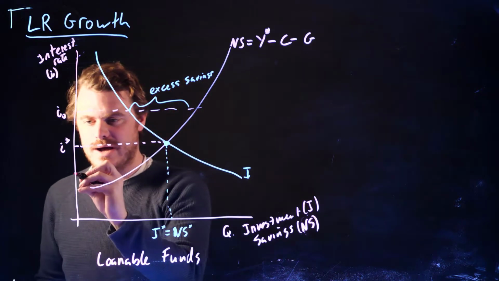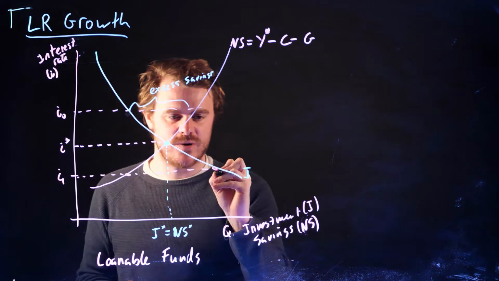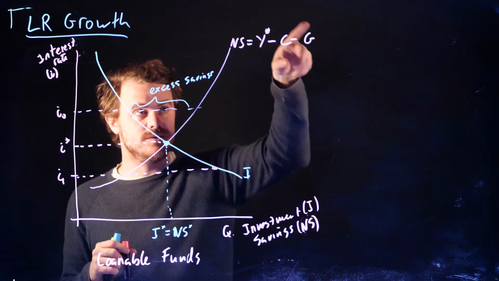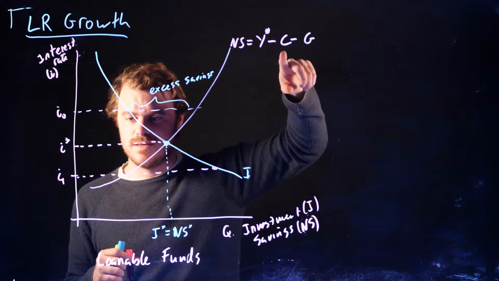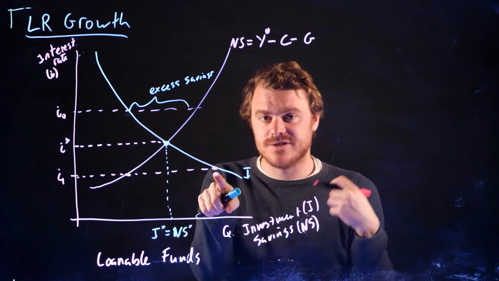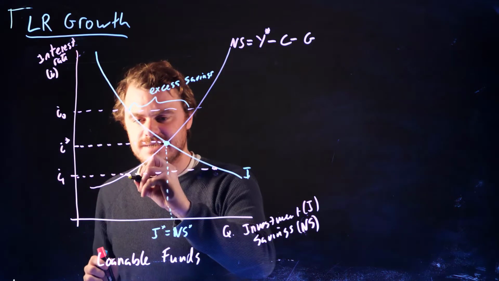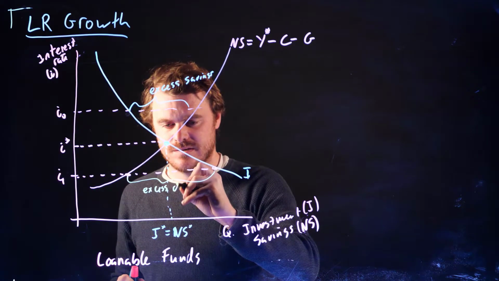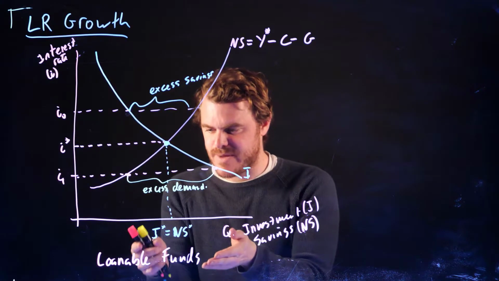Now, if the interest rate was below this I star, then households aren't willing to save that much money compared to how many loanable funds are demanded by these firms. So there is excess demand for loanable funds.